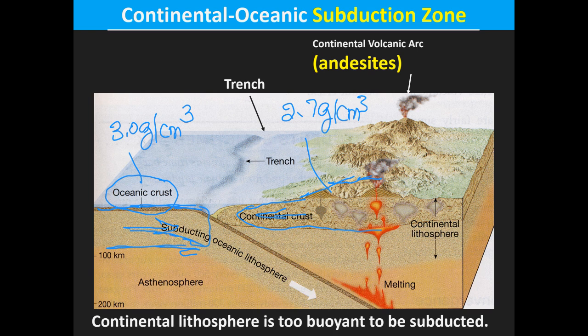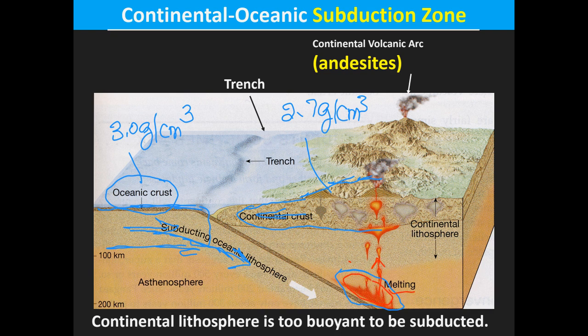Now, at a certain depth, rock starts to melt, as you can see here. Because this molten rock is lighter than the surrounding rocks, it starts to rise. Basically this is magma, by the way, molten rocks.